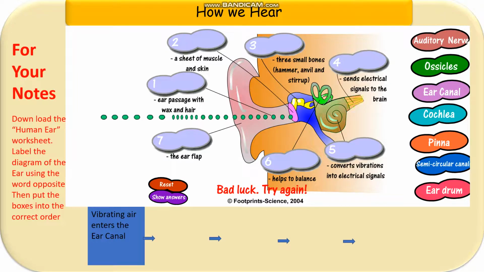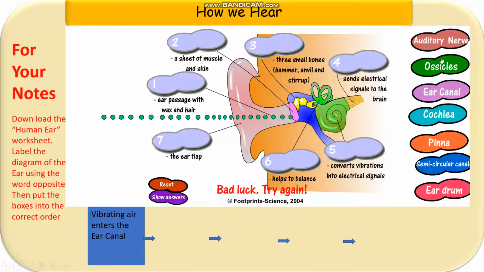Okay, so that information needs to be got into your notes in some way. So what I've done is I've attached a worksheet entitled Human Ear to your homework. It'll give you a blank diagram like this which you have to label using the terms here, or at least some of the terms that are here.